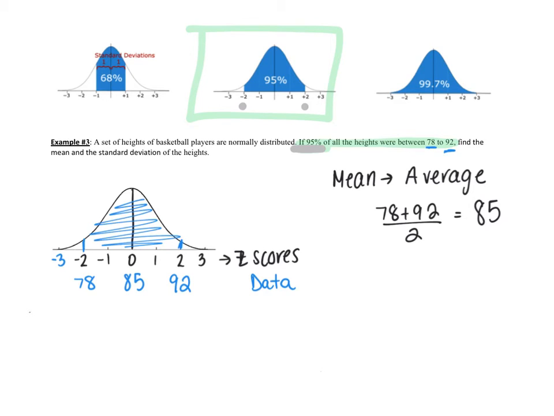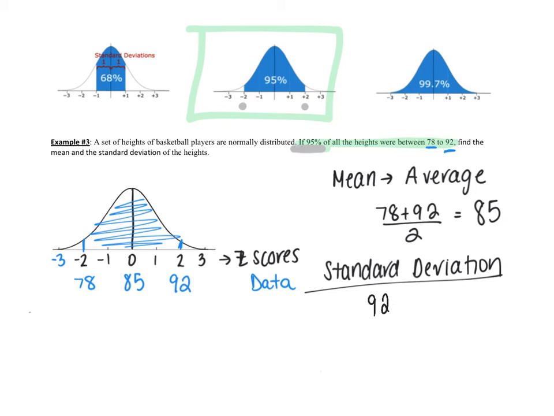Now, just like we did before, we now want to find the standard deviation. So if you look, you could take the standard deviation between these two values, or you could take the standard deviation between these two. So from 85 to 92, we would subtract those, find how many numbers are there, and divide by the number of spaces. So there's 2 spaces here. So for standard deviation, we're going to take the 92, subtract 85.